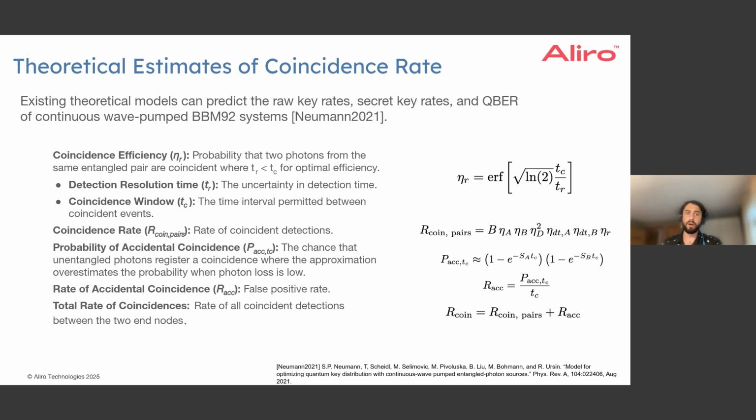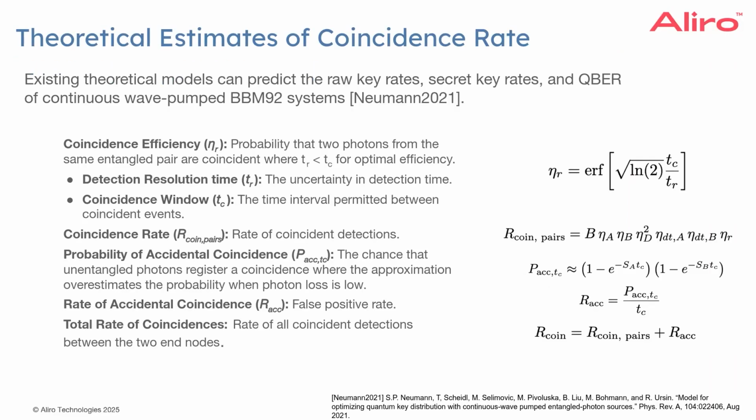In general, you want this coincidence window to be larger than the detection resolution time, which is this uncertainty in the detected time, or the timestamp that's associated with a detection. So you want a coincidence window that's wider than your detection resolution time, but if you make your coincidence window too large, it'll then start having more accidental counts, which will cause problems.